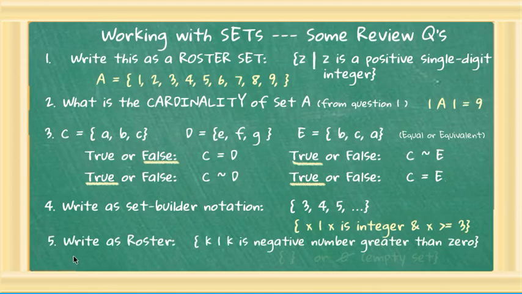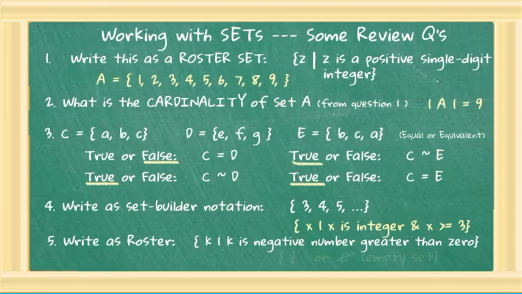And finally, question 5 says write as a roster this set: all k such that k is a negative number greater than 0. So I think about it: where are my negative numbers that also qualify as greater than 0? Oh, trick question.